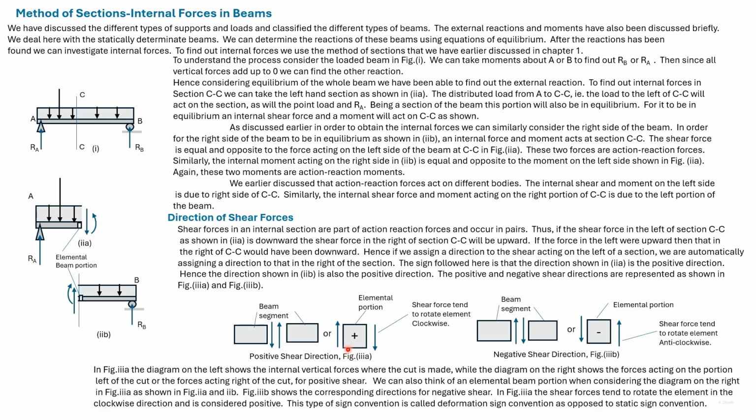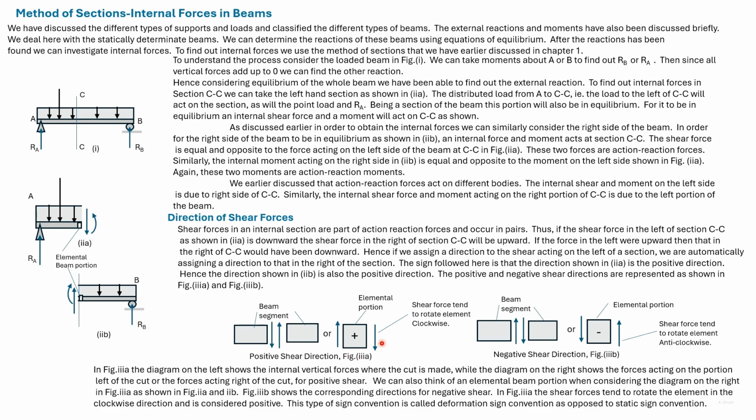We can consider an elemental portion such as this here on the left side and here on the right side. Then the forces on this element will be the same as the forces here, and the forces on this element will be similar to the forces here.